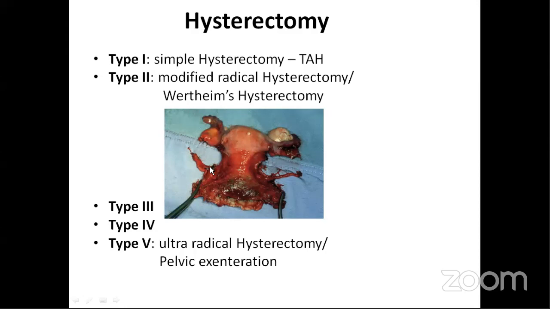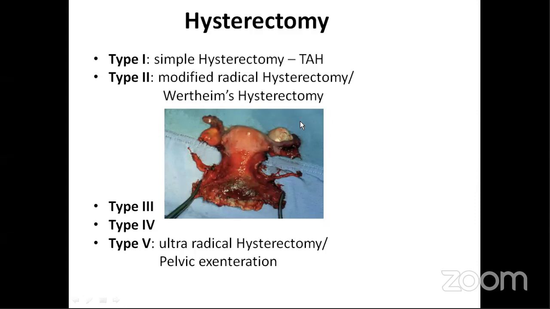Now the specimen you are seeing here is after the Wertheim's hysterectomy. You can see that the uterus and the cervix are removed. Along with that, bilateral salpingo-oophorectomy is done. Along with that, a bit of the vagina is also taken out, the broad ligament part is also taken out, and there is also pelvic lymph node dissection.